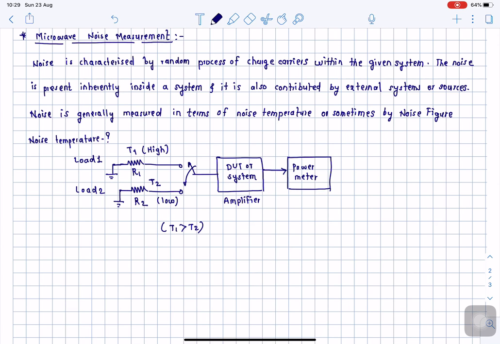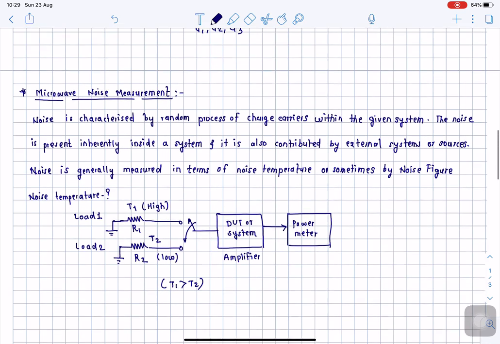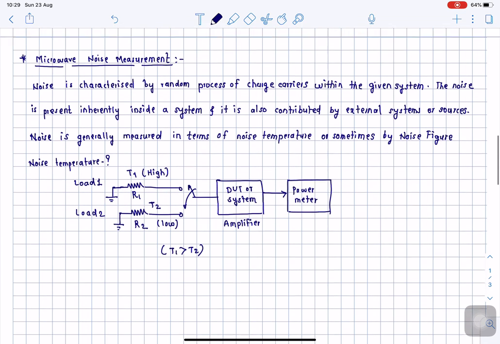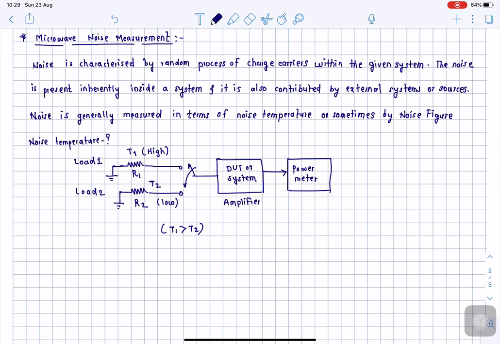So this device under test is connected with a power meter at the output, and it is connected with the two separate loads at its input. These two separate loads are being operated at different temperatures, so that one load is operating at higher temperature in comparison with the second load.